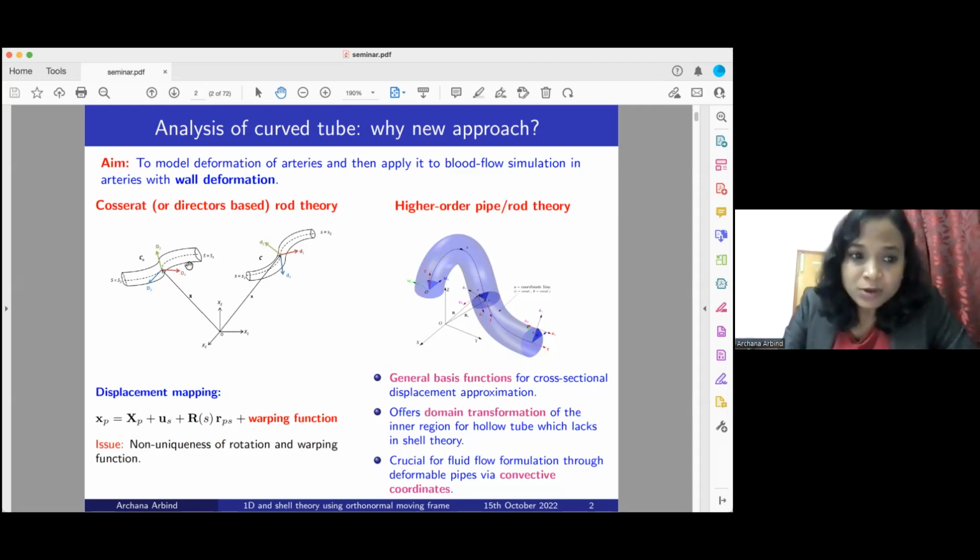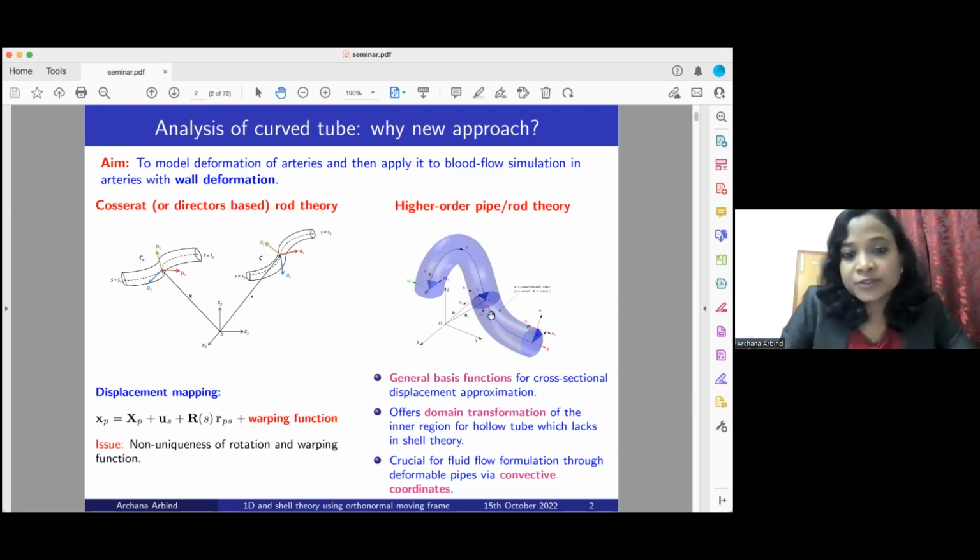But in some works, they do try to model the whole wall deformation as well, by a rotation function and a warping function. The problem with this approach is that the rotation function and the warping function are not unique. To overcome that, in this work, what we have done is take a cross section and approximate the full deformation of this cross section by a general basis function, and then reduce all the governing equations to one-dimensional ODEs.